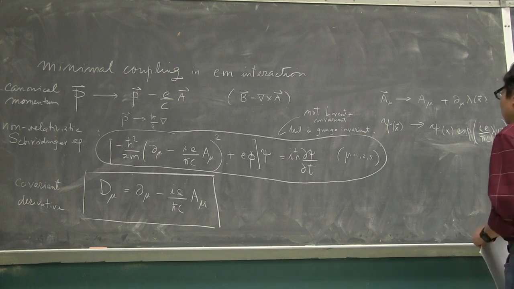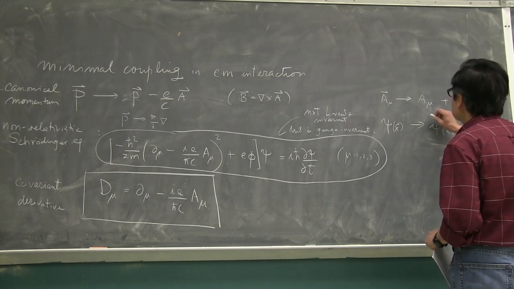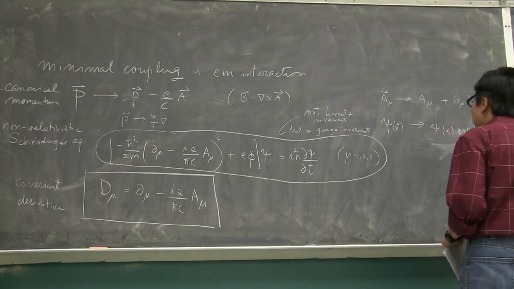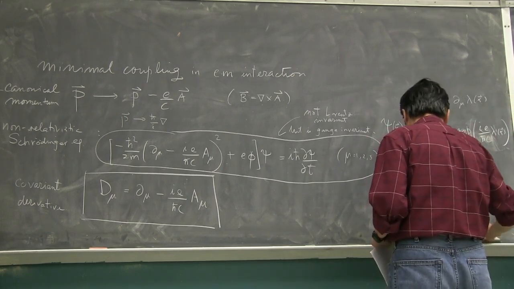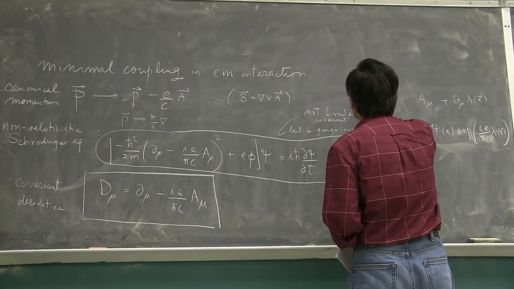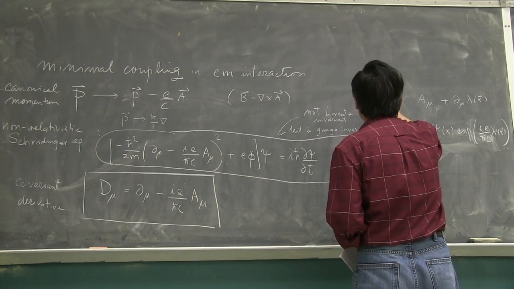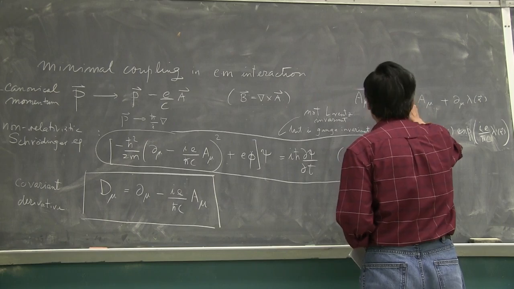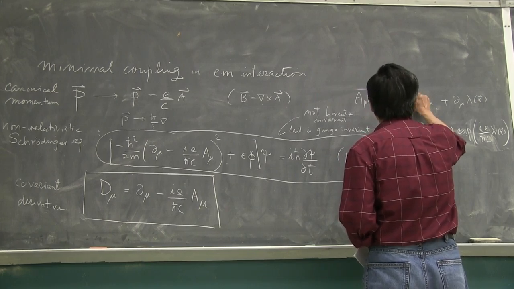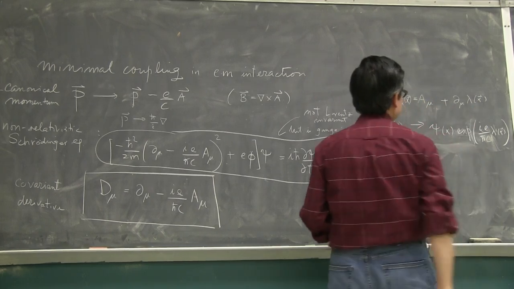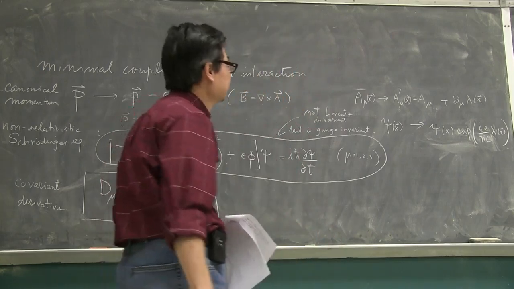So let's say this is a new vector potential, A_mu(x) going to A'_mu(x), which is equal to A_mu(x) plus the gradient of some function.